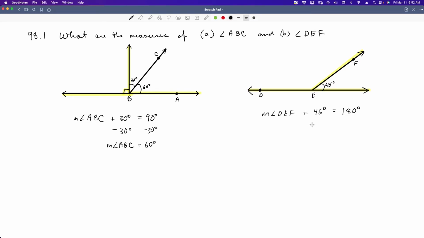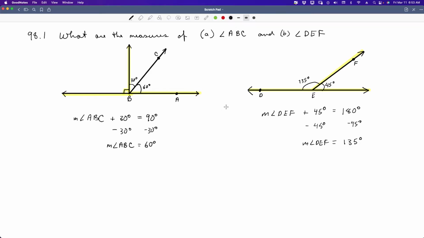So we can treat it the same way we treated this one, minus 45 degrees, minus 45 degrees. So the measure of angle DEF is going to equal 135 degrees. All right, so we can label that in, 135 degrees. Easy peasy. You guys can do that so well.